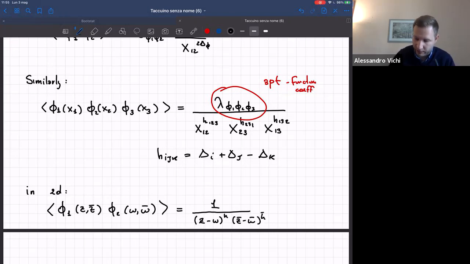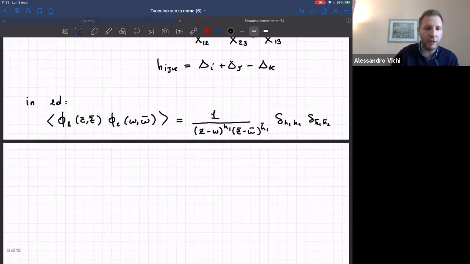And again, there is a delta in h1, h2, and a delta in h1 bar, h2 bar. So in two dimensions it's very simple because the rotation group is just a single generator, it's an abelian group. So there are no indices around, especially when you work in this complex notation. In higher dimensions, there is the complication of dealing with indices.